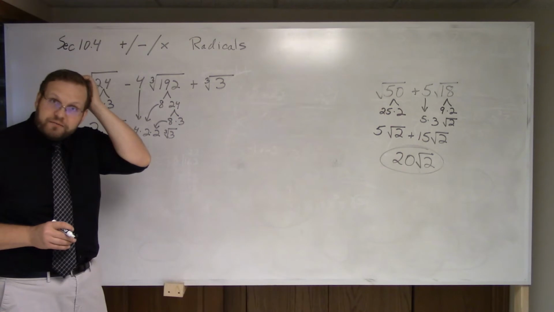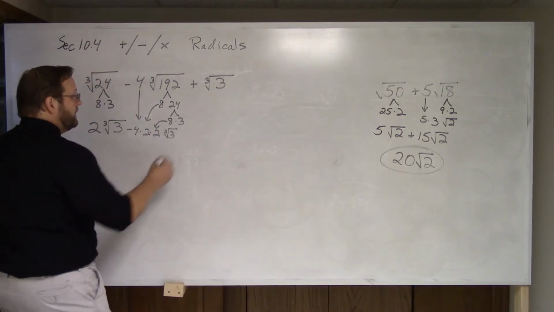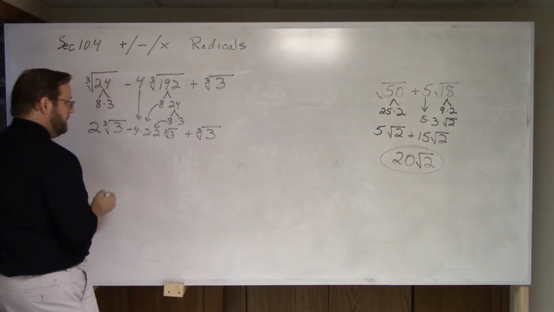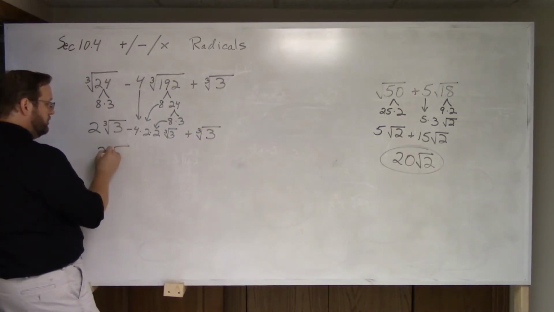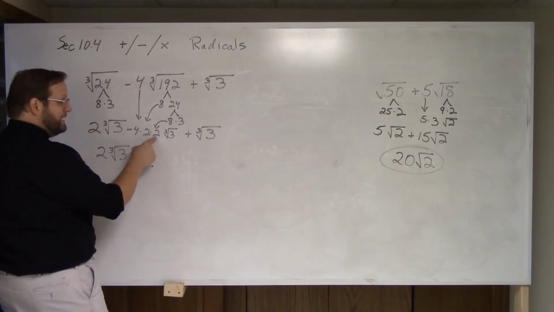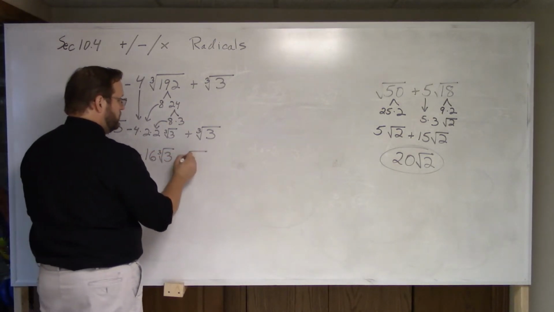Or I could have thought of that as a 64 times 3. And then I get cube root of 3 over here. So that's 2 cube root of 3 minus 4 times 2 is 8. 8 times 2 is 16 cube root of 3 plus cube root of 3.